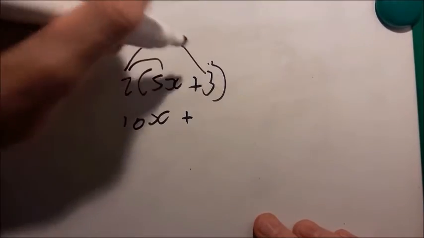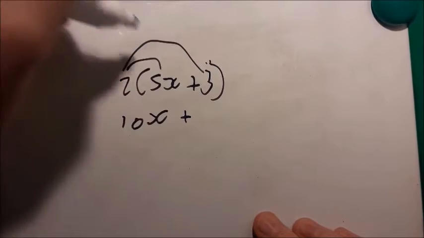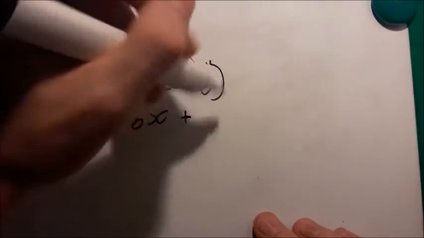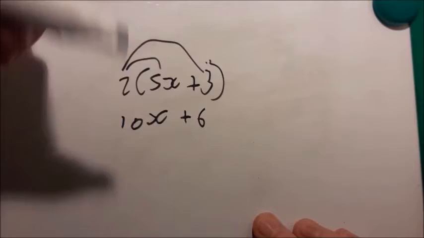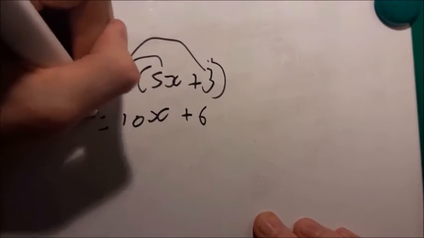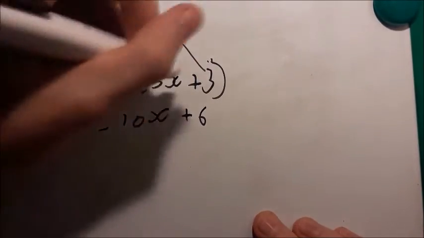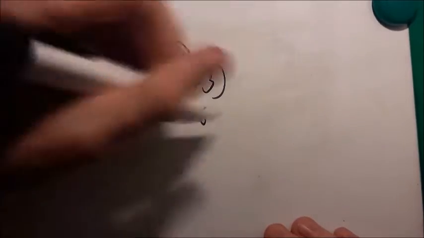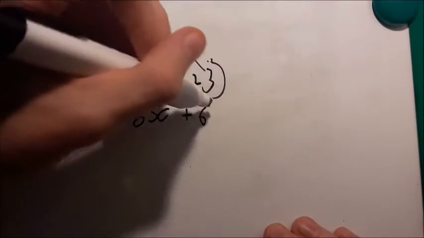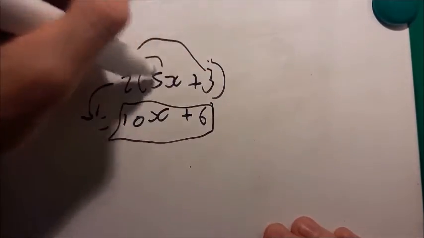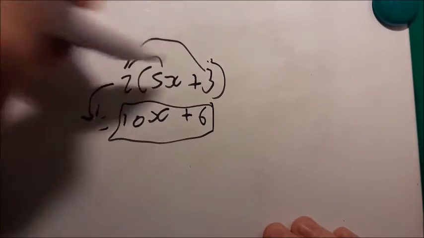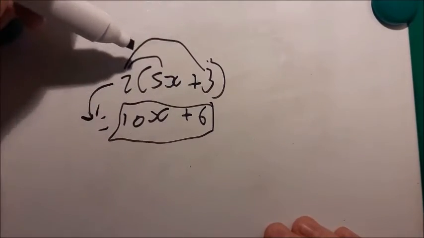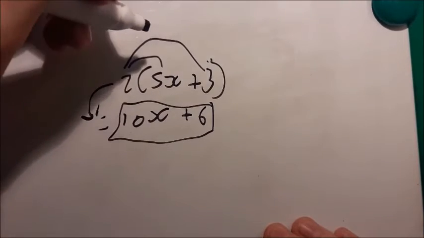So we're just timesing it like that. These two are equal. It's more simple like this, but if you want to, you can have it like that.